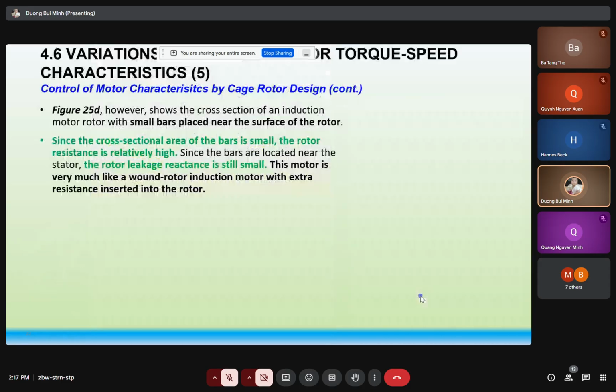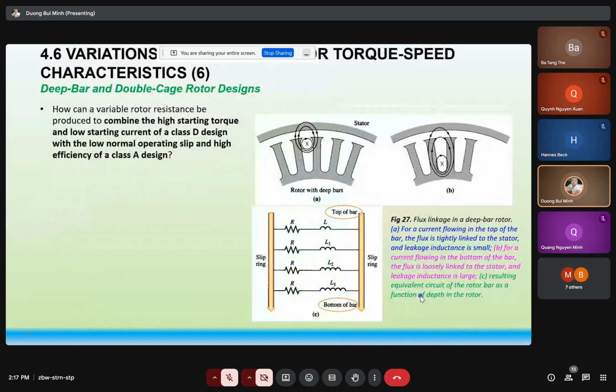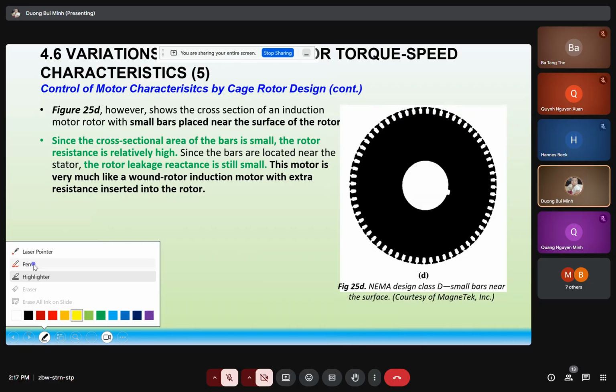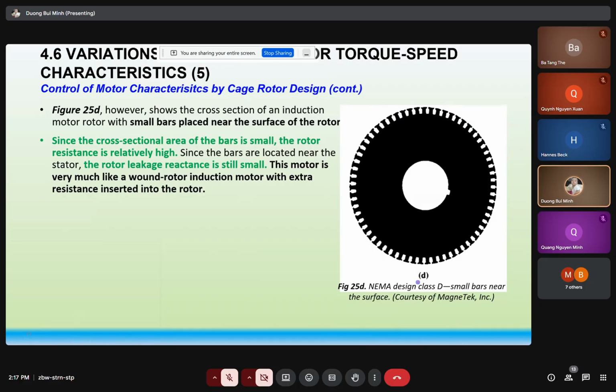So now here we have some description of class D. This is class D, and here we have some description. You study it, read it for yourself. Because this is near the surface, X2 is very small, so the rotor leakage reactance is still small.